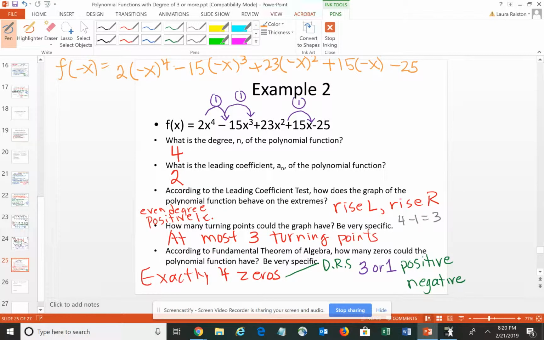And then I have to go back and do the math. Now remember here that when you raise a negative to an even power, you get a positive. When you raise a negative to an odd power, you get a negative. So I have 2x to the 4th plus 15x cubed plus 23x squared minus 15x minus 25.